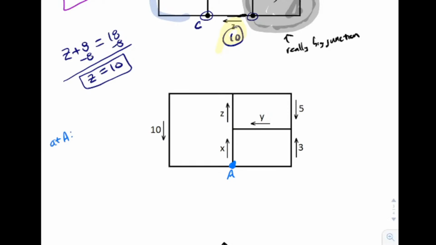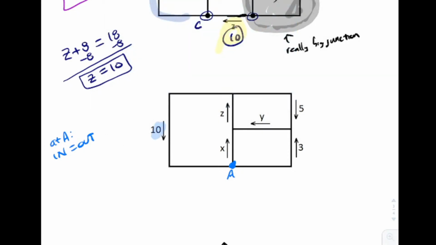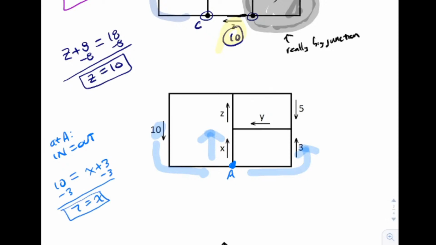At junction A, what goes in must go out. The 10 is coming in, because it comes around this way. But the 3 and the X are both leaving, so those are going to go on the outside. Subtract 3 from both sides, and we very quickly find that X must be 7.